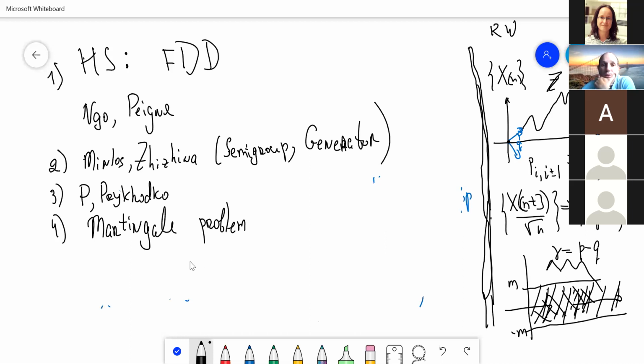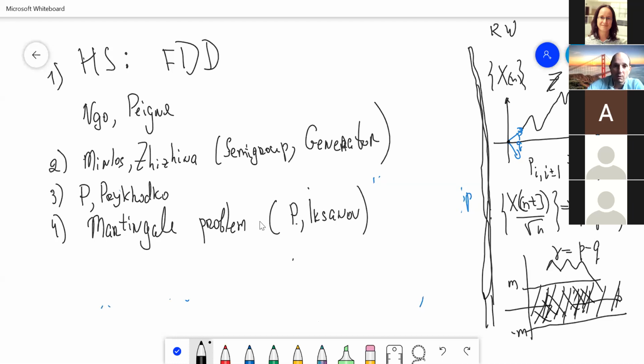We developed this technique with Alexander Iksanov, and I will use this approach for the multi-dimensional case that I will consider today. I will tell you about the martingale problem a little bit later.